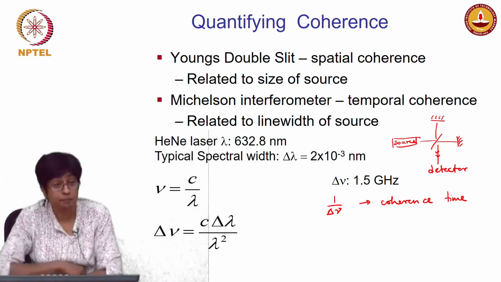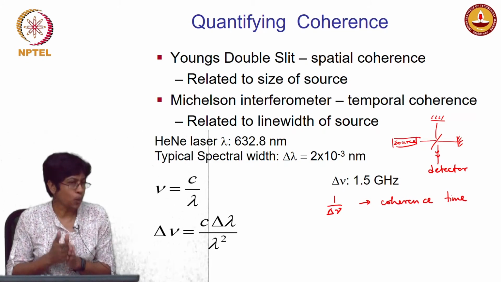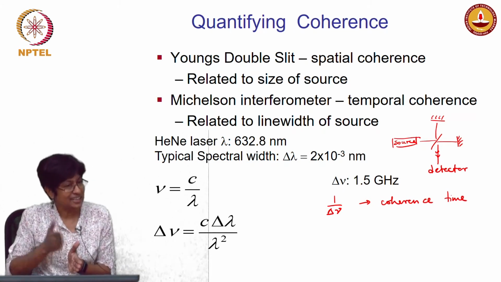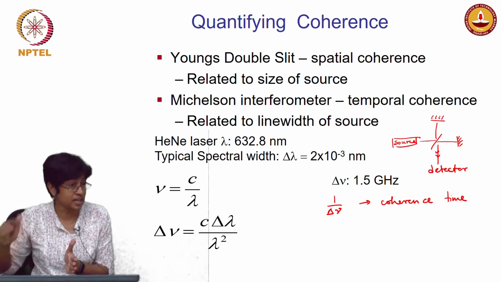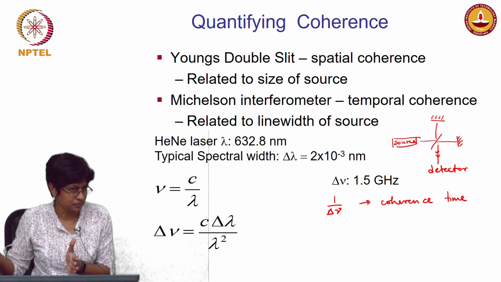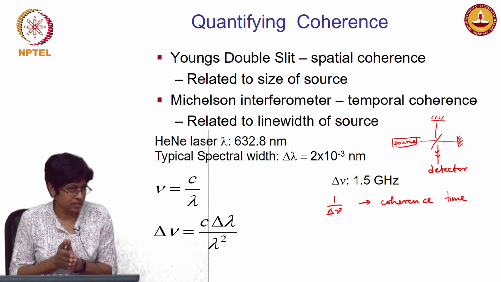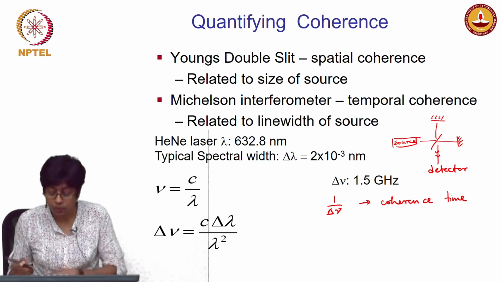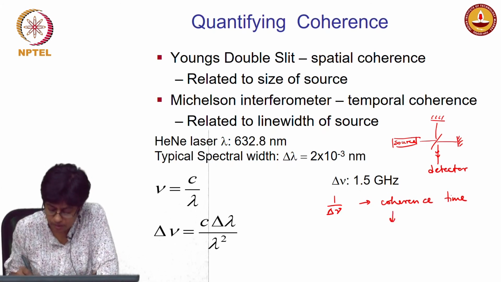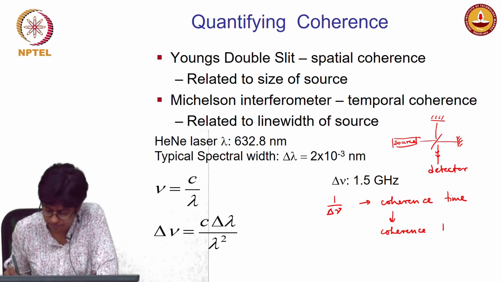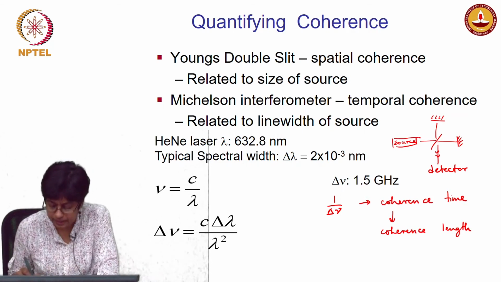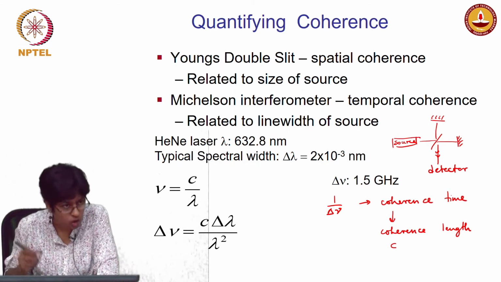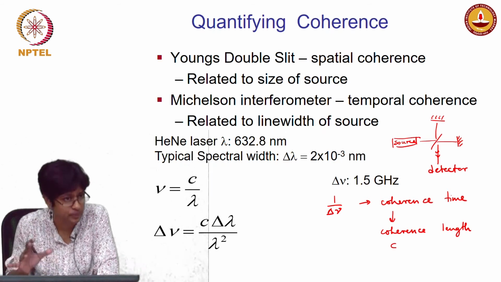Exactly. I'm going to study time by letting one beam travel one distance and another beam travel another distance. It takes a different path, which means it has traveled over a different time, and then I'm looking at the interference. So I can always relate this coherence time to a coherence length. What will that relationship be? It's nothing but the velocity with which the light is traveling, and in this case we assume it's air.